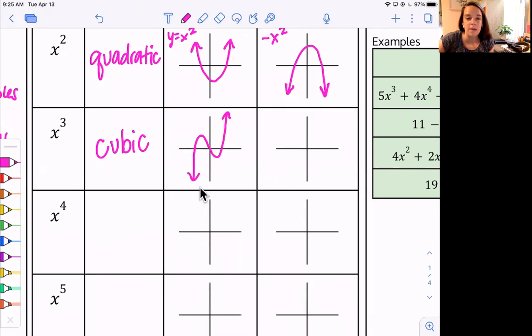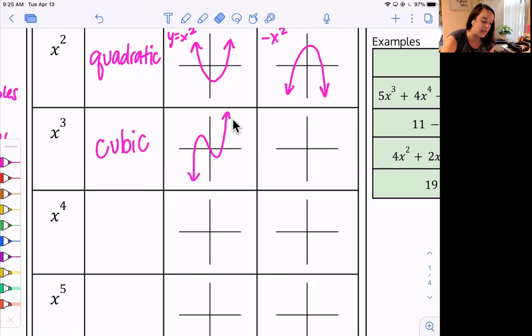But something I really love about polynomials is that they give away what kind of polynomial they are by how many times they go up and down. So you can see here, this one goes up once, down, and then up again. There's three kinds of sections of this graph, up and down and then up again. There's three, so it's x to the third.